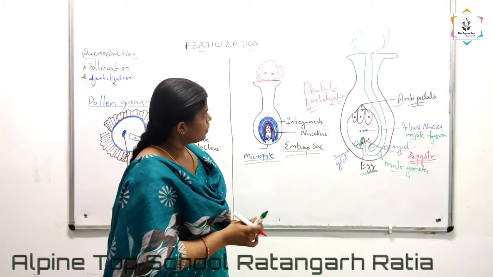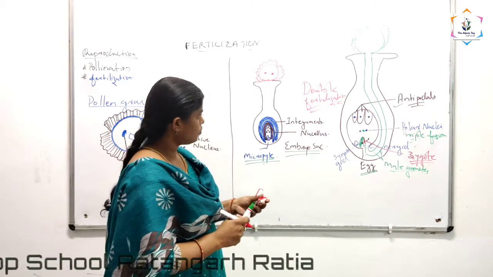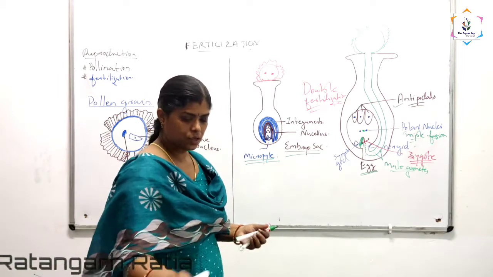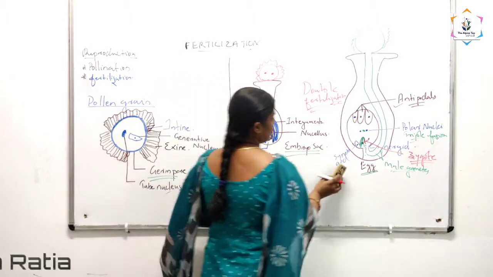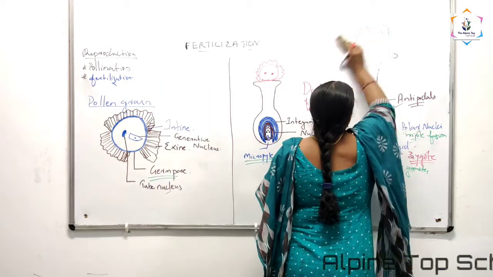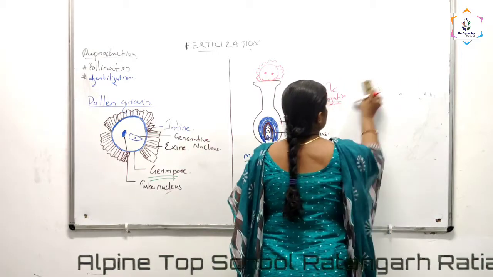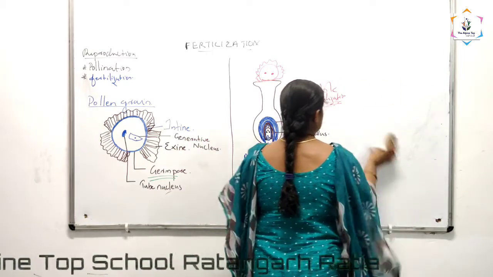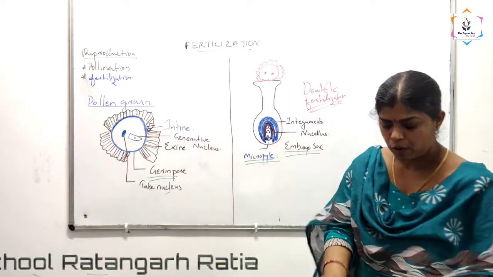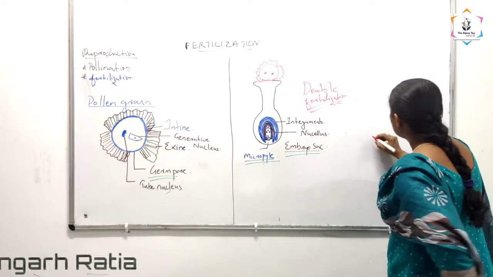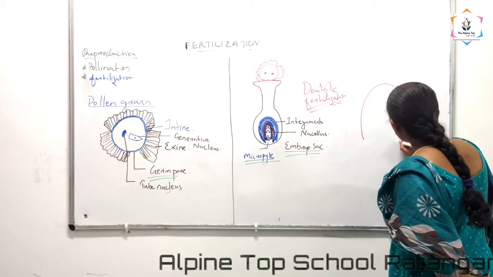And before ending up, you have to see, I am just going to rub it. Another important point that you have to learn from here: I have told you about the embryo sac.